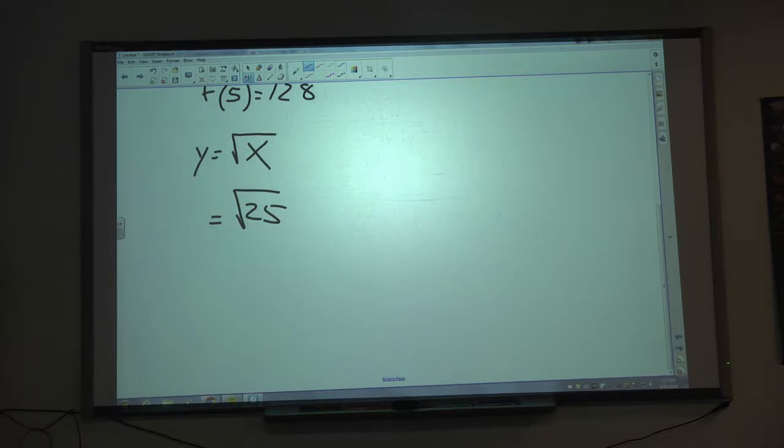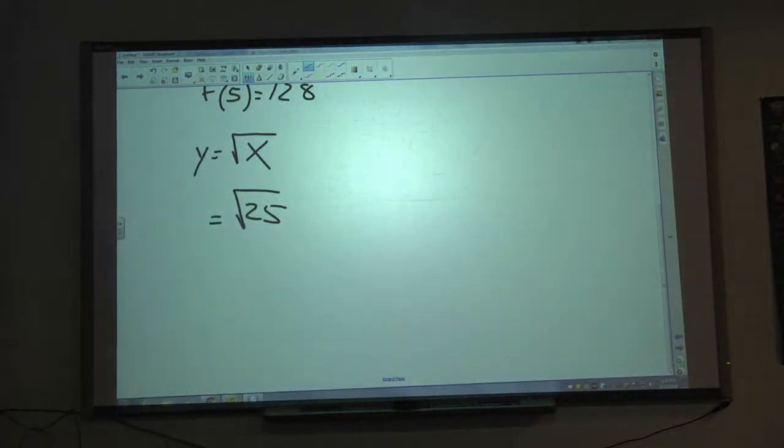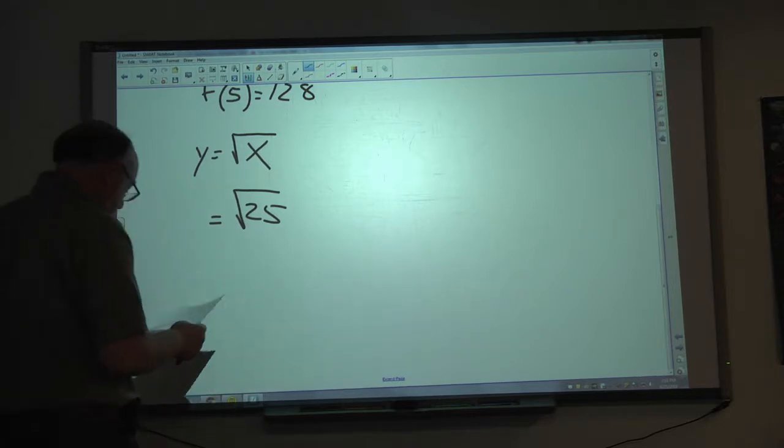Even though if you ask somebody down the street what the square root of 25 is, they'll just tell you the one answer, which is going to be 5, provided they actually know what the square root is. But that would not be a function because this would give you 2 answers. That one x number is going to 2 different y values.